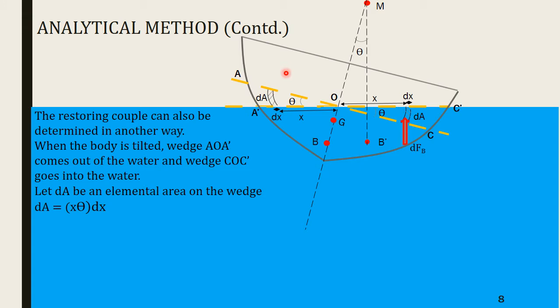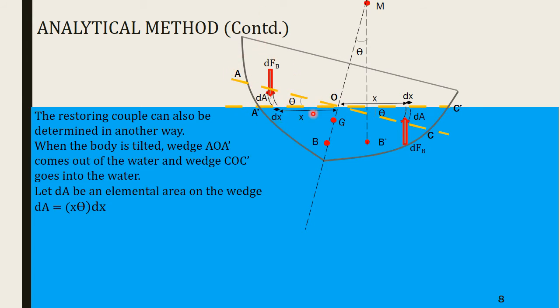So, to show the reduction in buoyant force, I will draw dFB in the opposite direction. This is actually a non-existent force, drawn to show that there is a reduction in the upward force acting on the body because the wedge AOA dash has come out.